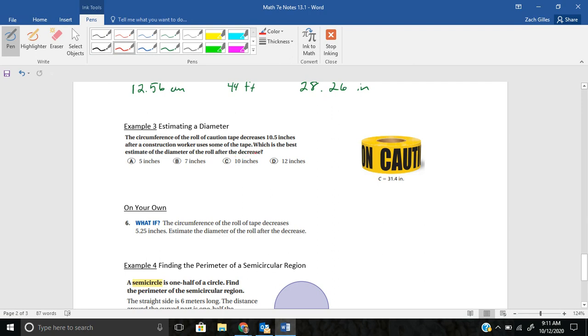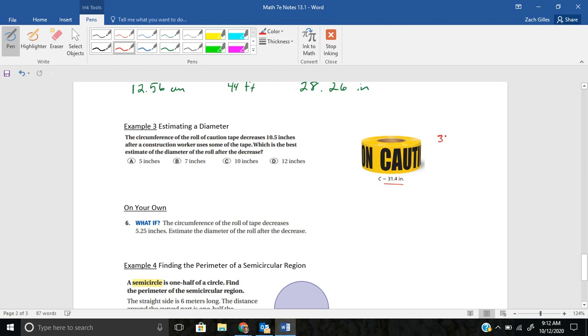Okay, so after the decrease, the circumference of the roll would be what? Let's first figure out that, because it tells us that initially the circumference is 31.4, but then a construction worker uses 10.5 inches. So how much do we have left?